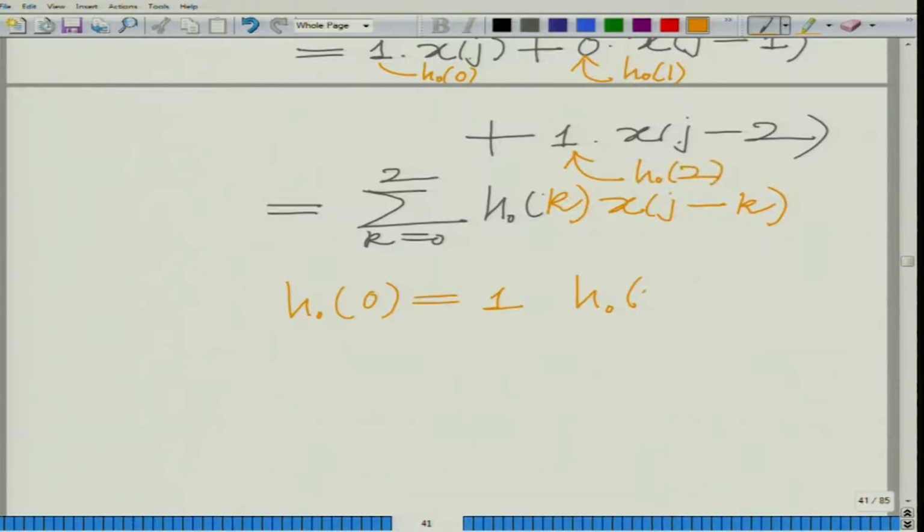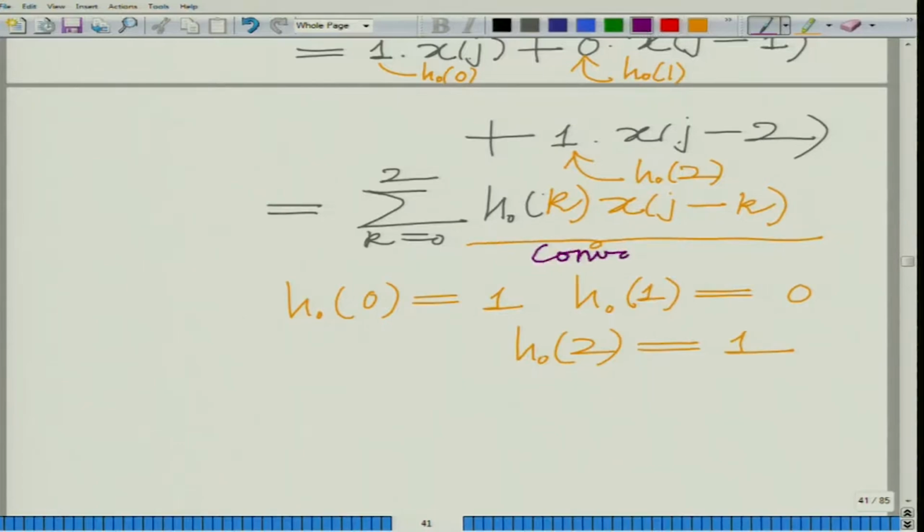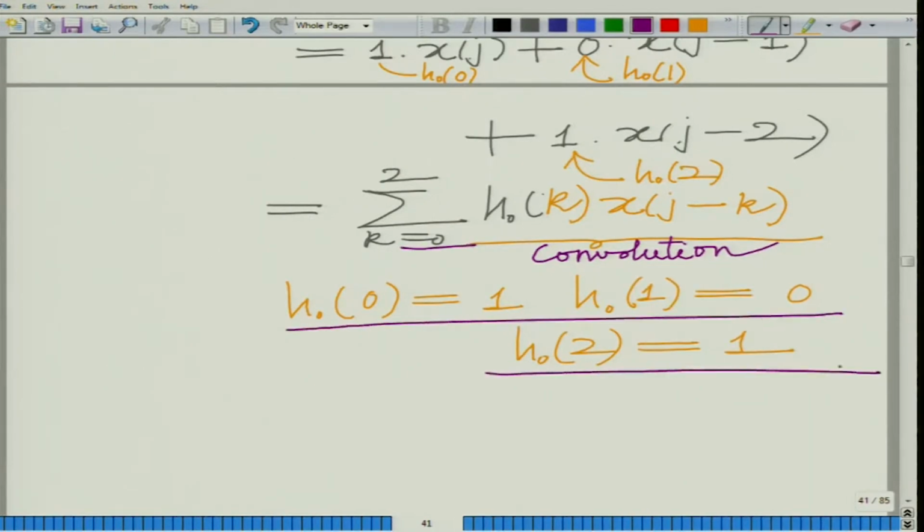So h0 of 1 is equal to 0 and h0 of 2 is equal to 1. Okay. So I am writing this as summation k equal to 0 h0 of k times xj minus k, and this you can see is nothing but a convolution operator. This is nothing but a convolution, correct?